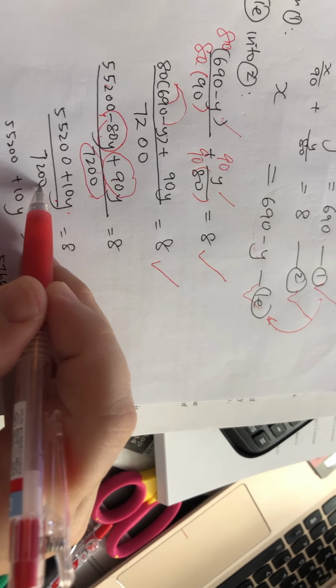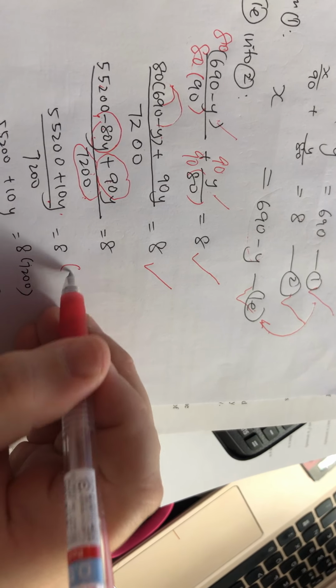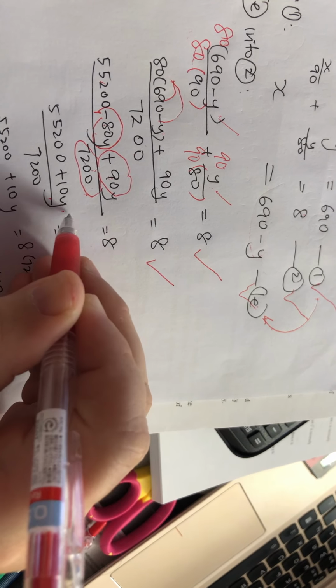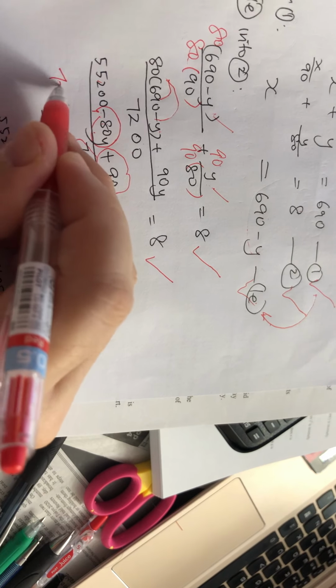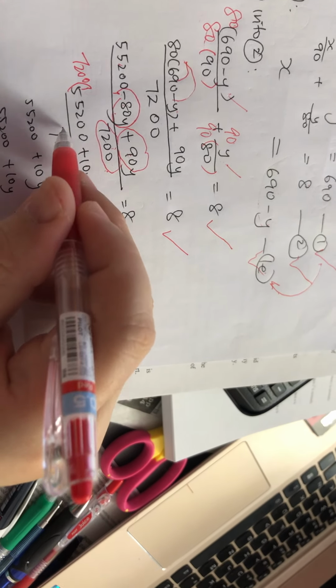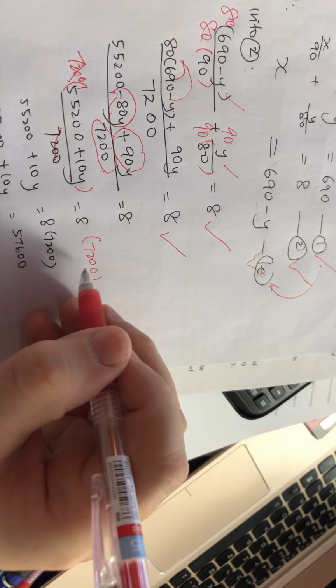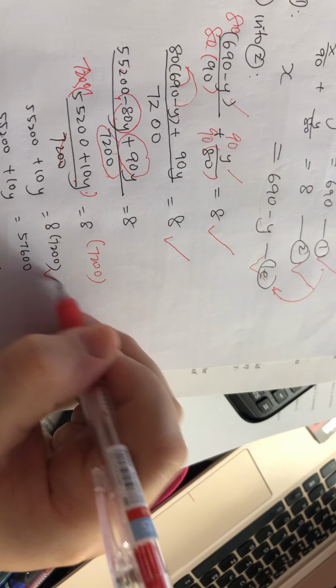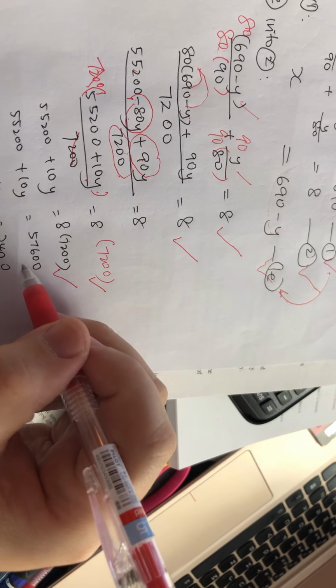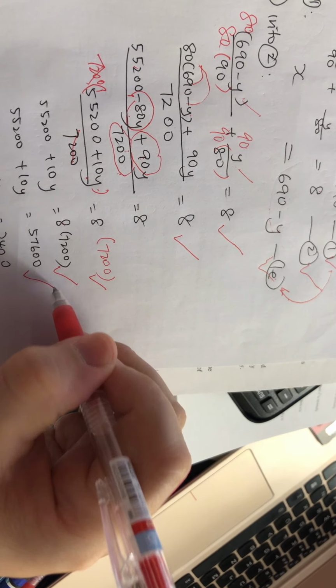So to remove this 7200, I multiply by 7200 on both sides of the equation. This will cancel out and you end up with this. Next step, press calculator, you get this.